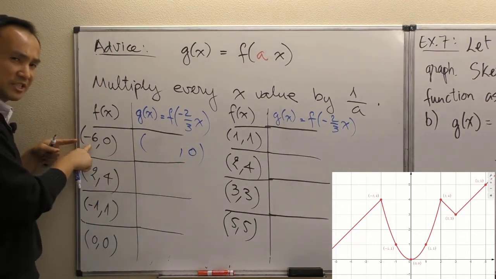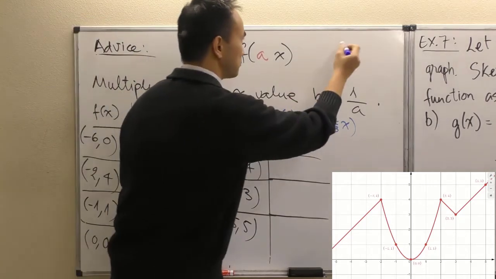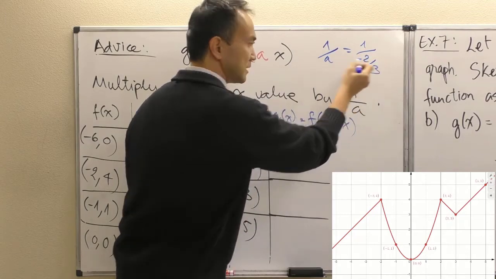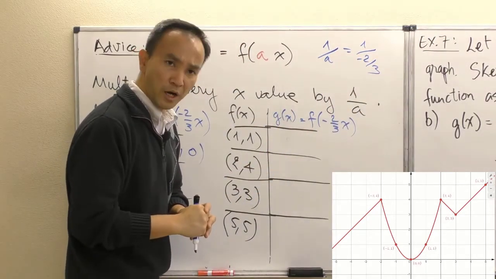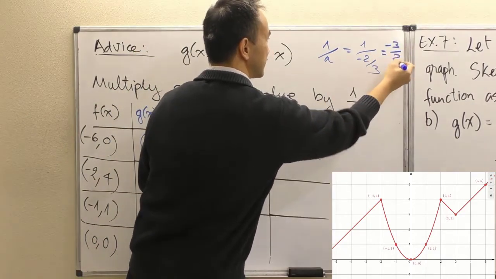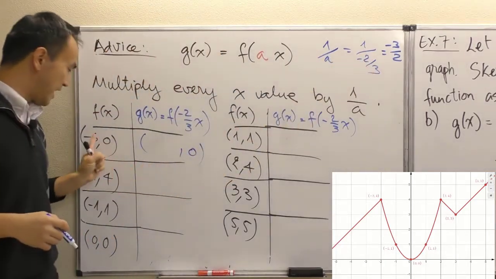But negative 6 is now multiplied with 1 over a, in this case 1 over minus 2/3. We don't have to worry about absolute value or anything like that. But 1 over minus 2/3 really is negative 3/2. That's what we're going to multiply. So negative 3/2 is what we're going to multiply for every x value.